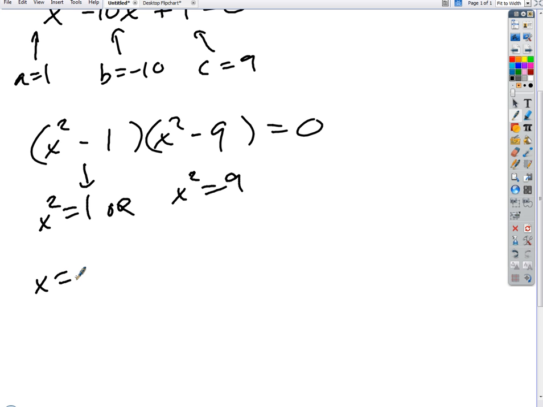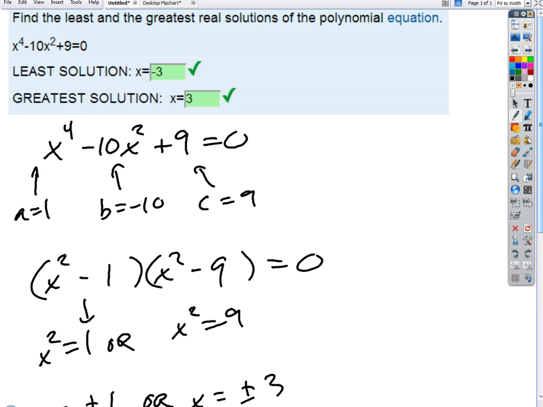If x squared is 1, if I square root both sides, careful, it's not just 1. It's plus or minus 1, or x equals plus or minus 3. So I get 4 answers: plus 1, minus 1, plus 3, minus 3. And so the biggest would be positive 3. The least would actually be negative 3.